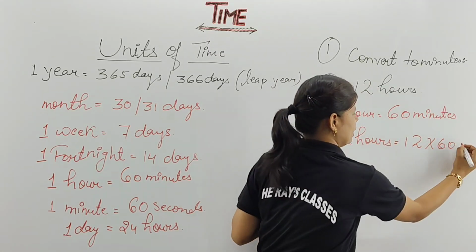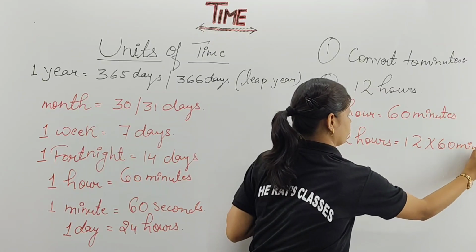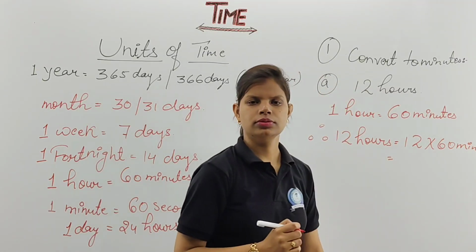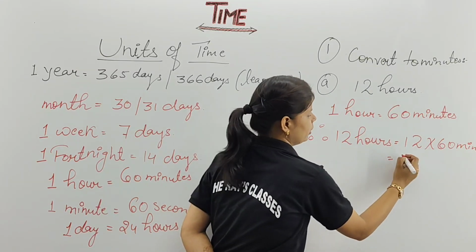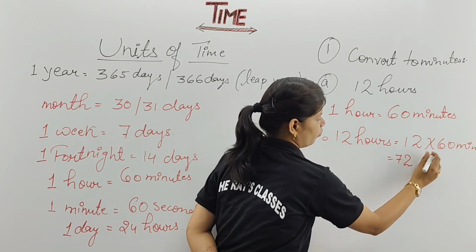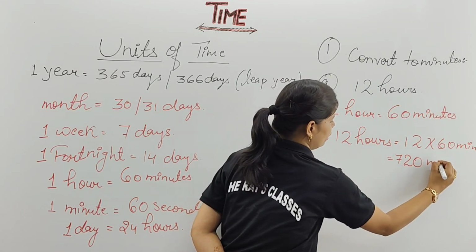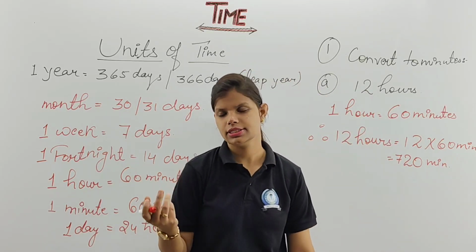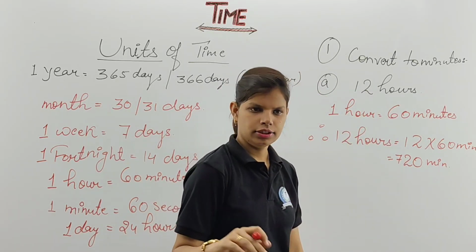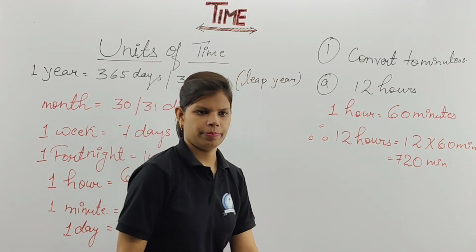You can also use that same. When you are multiplying 12 with 60, what you will get? 12 sixes are 72, we are having 720 minutes. Short form of minute is MIN. Clear? This is your first conversion.